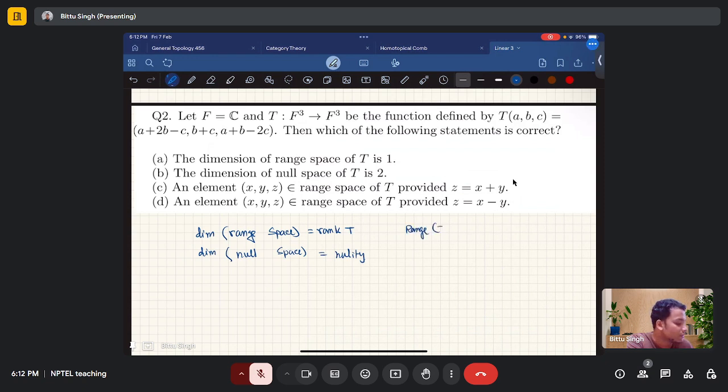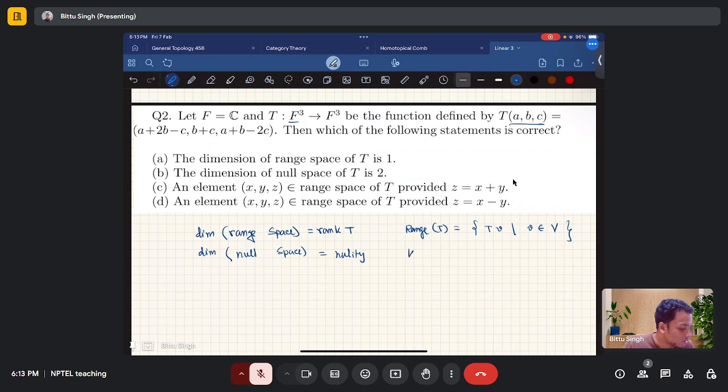Range T will look like T applied on those vectors. Here V will look like (a, b, c). T of V, where V belongs to the domain vector space capital V. For example, V is F3 here.